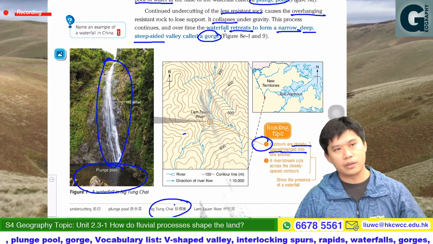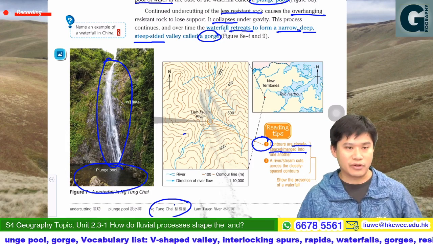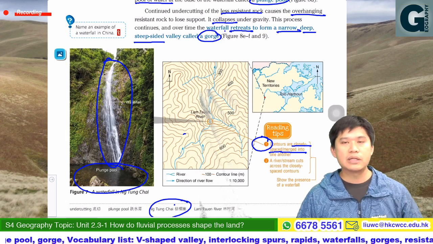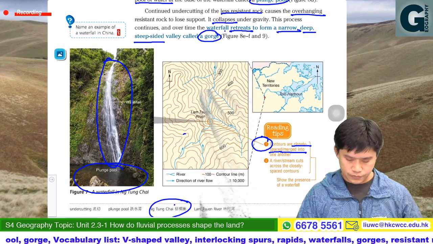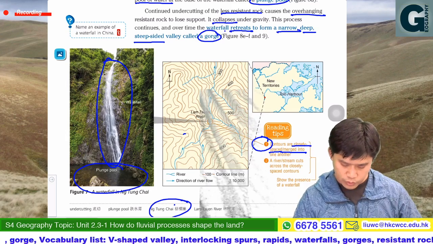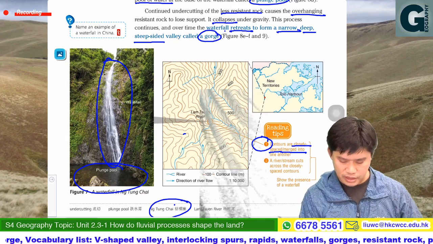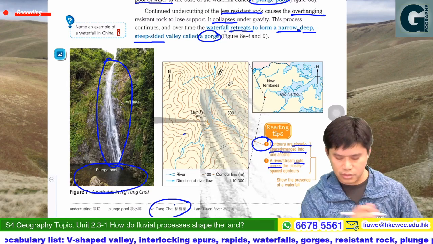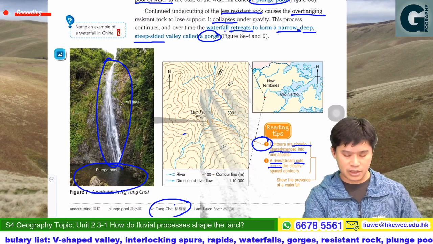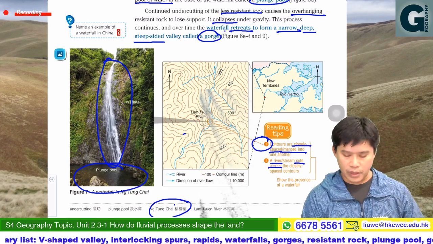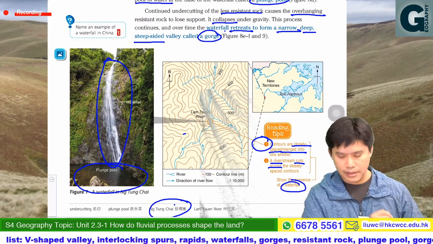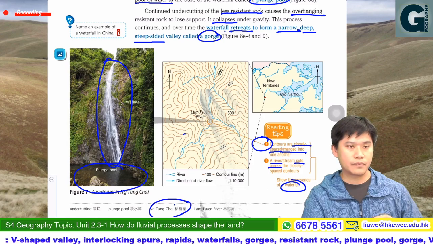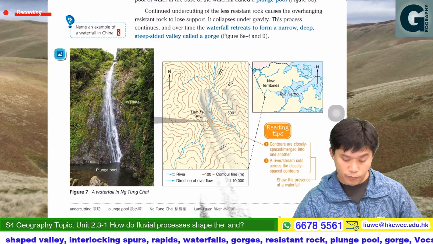Then, if there's a river, we may conclude that it is a waterfall. So the first is that contours are closely spaced, and the second is that a river cuts across the closely spaced contours. Then that would be map evidence that shows there must be a waterfall. So that would be about some map reading skills.